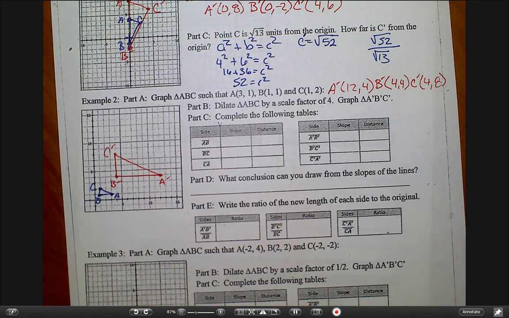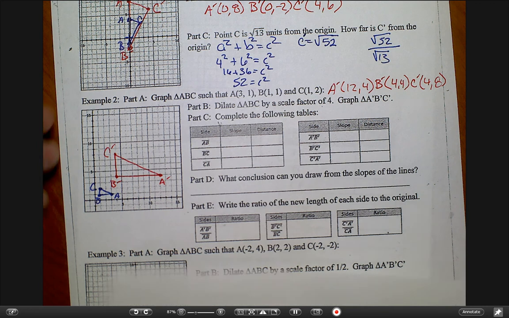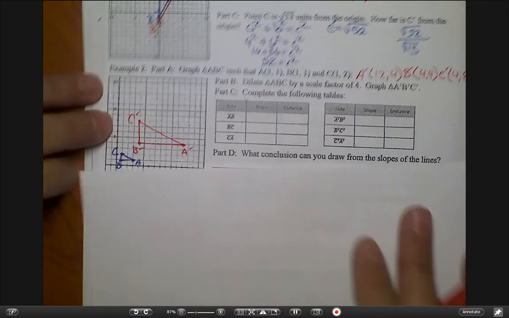Okay, this is going to be different because, like I said, last time I used the calculators, and I'm going to change it up because these are things that you're going to have to know by hand coming up here soon. I'm going to tell you when we can use the calculators for the other stuff, but for the slopes, you're going to want to do it by hand. All right, so let's take a look, and it says AB.